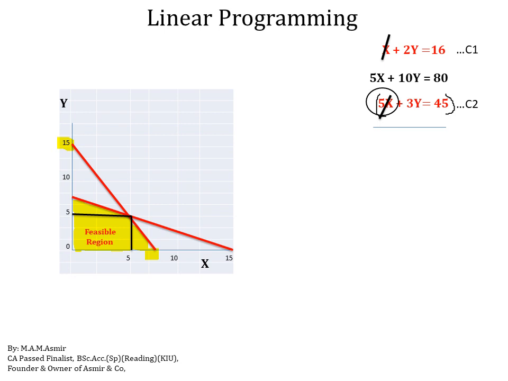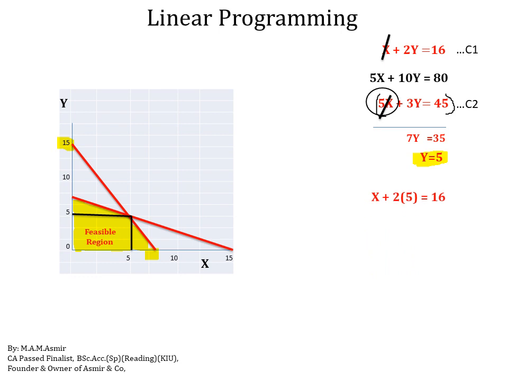So 5x cancels 5x, 10y minus 3y is 7y, and 80 minus 45 gives 35, and on dividing both sides by 7 we have y equals 5.